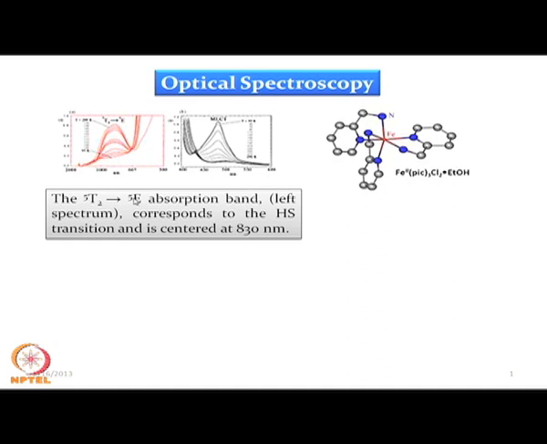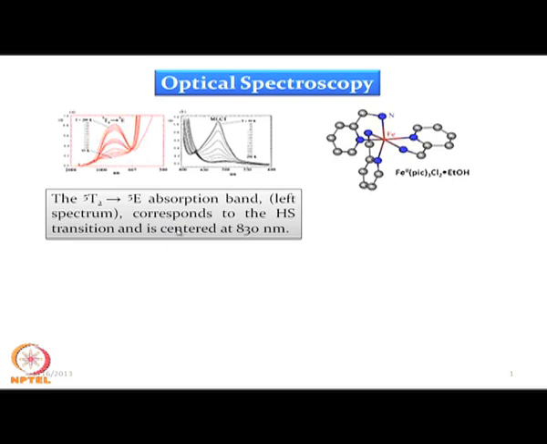So, 5T2 and another higher level term for this particular spectroscopic term is 5E, and we are not changing the spin state in this particular case, but it is the corresponding high spin state for this iron compound, and these two states are responsible for the corresponding high spin transition which is centered at 830 nanometer.